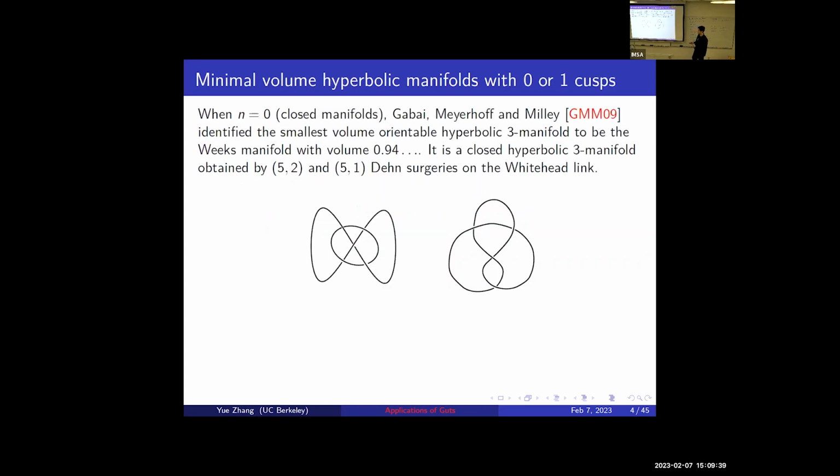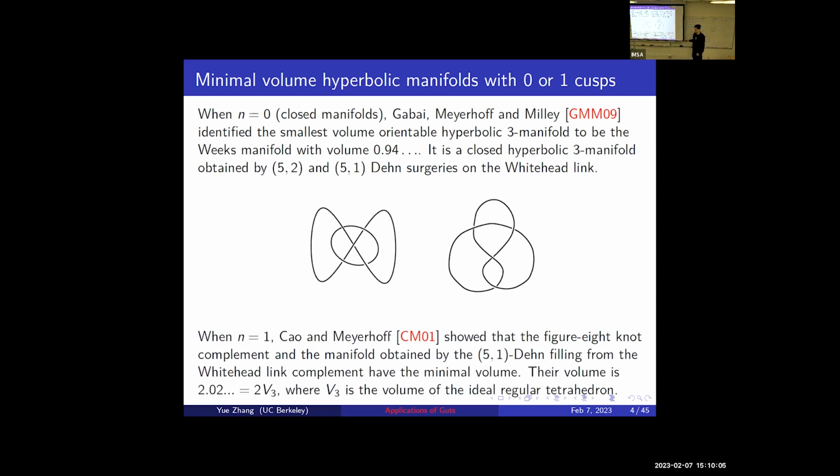And when n is 0, which means it's a closed manifold, Gabai, Meyerhoff, and Milley found the smallest volume orientable hyperbolic manifold to be the Weeks manifold, and its volume is 0.94. It's a closed hyperbolic manifold obtained by (5,1) and (5,2) surgeries on the Whitehead link.